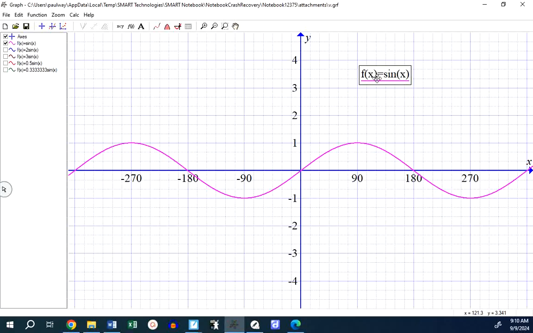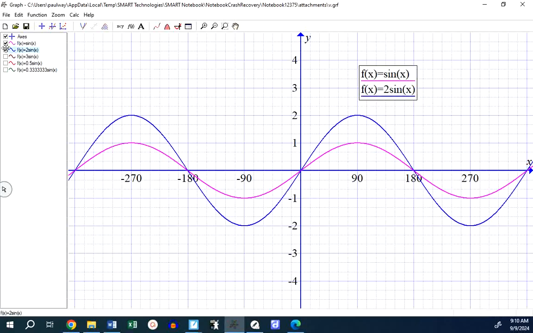Well, if I graph y equals 2 sine of x, with a little bit of thought, you can see that it is the original function stretched vertically by a factor of 2. So this point here that I'm going to put in green is 1 away from the x-axis vertically, and the new point after the stretch is 2 away.